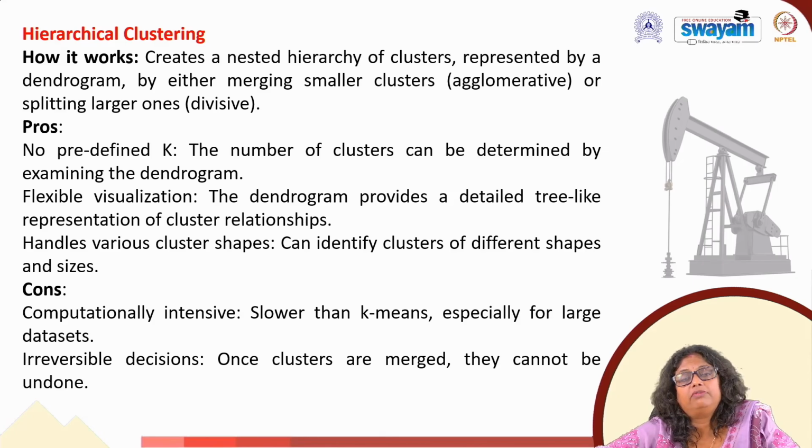In one we are doing division, and in the other we are making the smaller ones into a big one. Now the pros: no need to predefine K, and flexible visualization. The dendrogram provides a detailed tree-like representation of cluster relationships, which we have seen. It handles various cluster shapes and can identify clusters of different shapes and sizes.